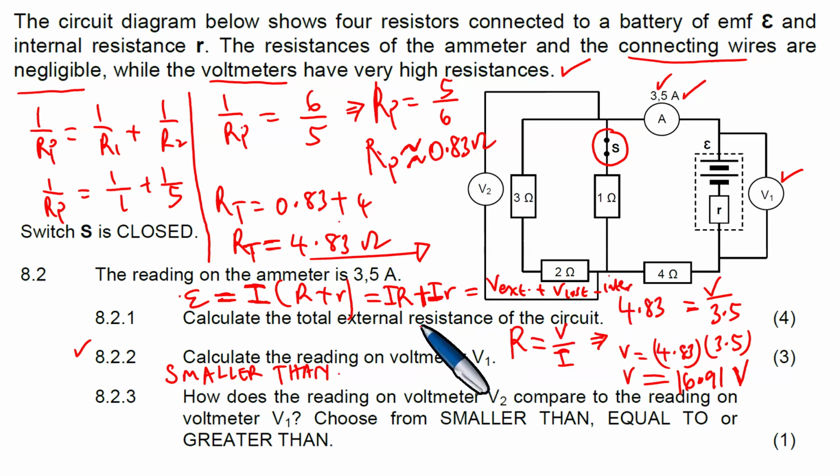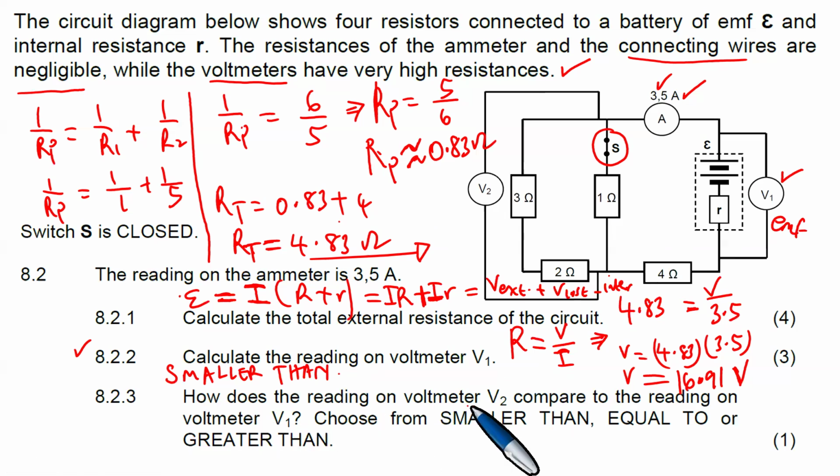So EMF now is V external plus V internal. In the end, we can see that indeed the EMF is bigger than the things that are external.